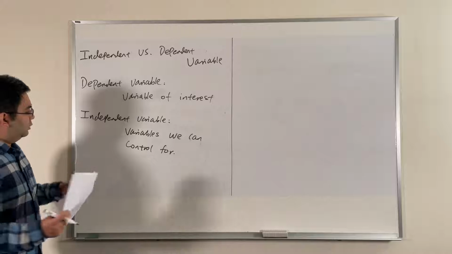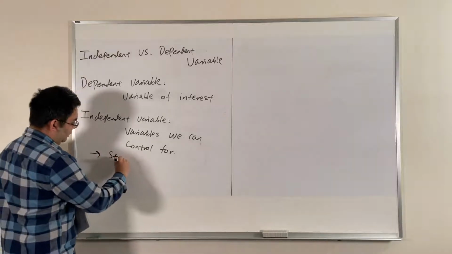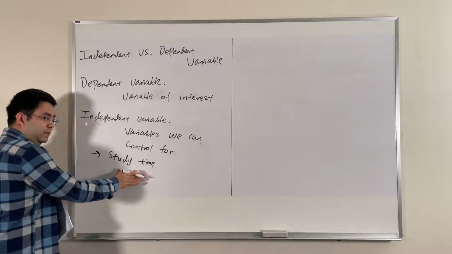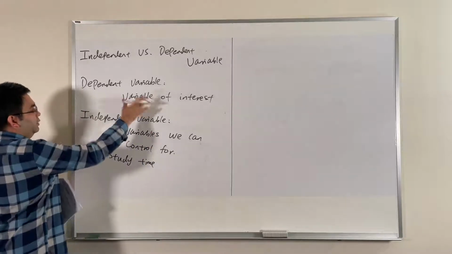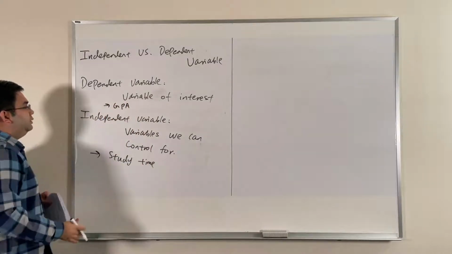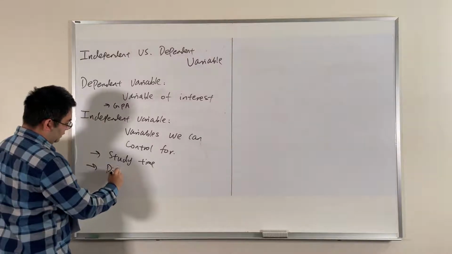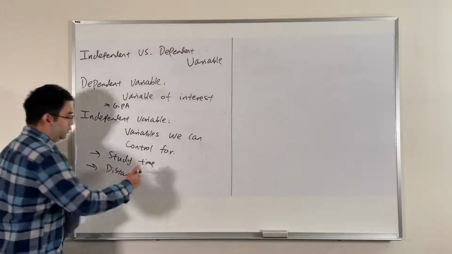So let me quickly give you some examples. Say study time, right? So we control our study time and see how the changes in study time will affect our GPA, right? GPA is our dependent variable. Or distance, your home distance from school, right?